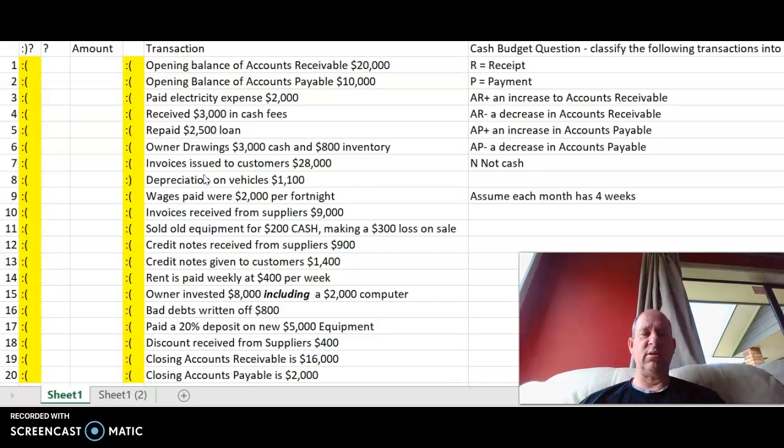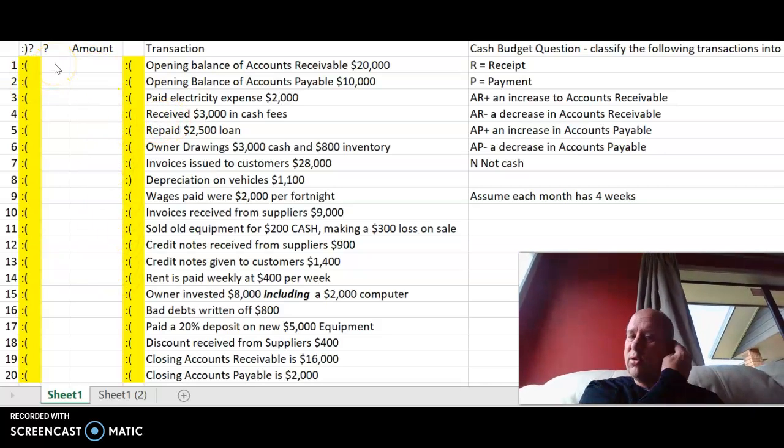The first thing we're going to do is go through each of these, and we have to classify them either receipt, payment, an increase in accounts receivable, a decrease in accounts receivable, an increase in accounts payable, or decrease in accounts payable, or not cash at all. Second thing we have to do is put the amount of the cash. I'll do the first 8 or 9 with you, and then I'll get you to finish this one off.